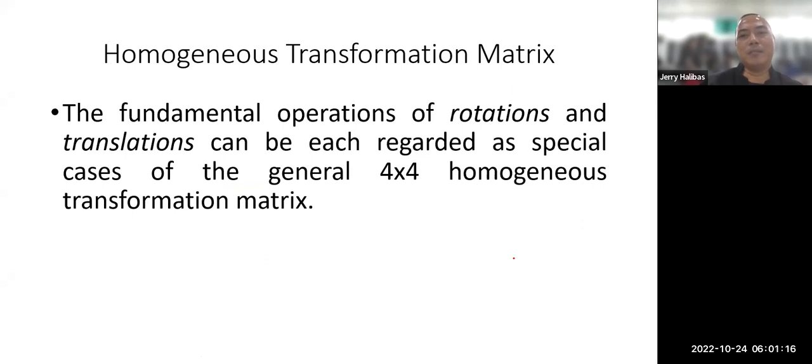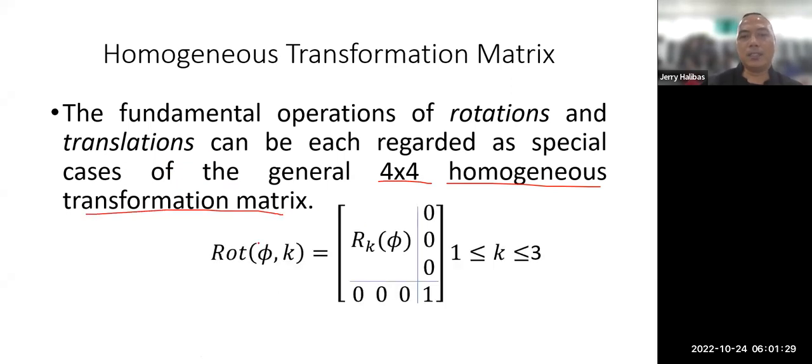Okay, so the fundamental operations of rotation and translation can each be regarded as special cases of the 4x4 homogeneous transformation matrix. Remember that it is 4x4. So it is a function of the rotation as well as the coordinate.